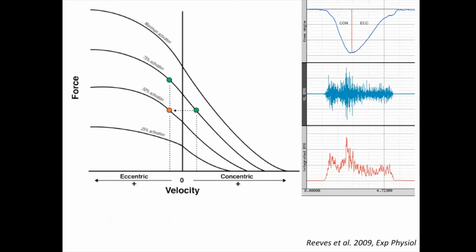The reason is that, according to the force-velocity relationship, every value of velocity and force should belong to the same curve. But this requirement is potentially not met in conventional resistance exercise.